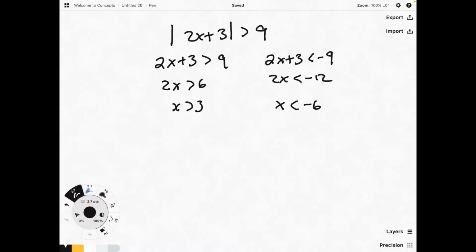If we look at a number line, we will see negative 6, negative 3, 0, 3, 6. On a number line, we see that x is greater than 3, and we see that x is less than negative 6.